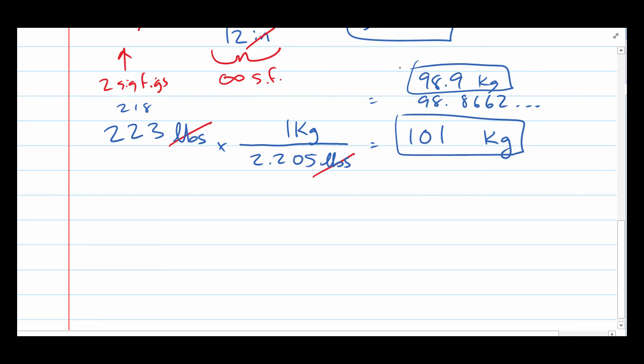And so, again, you want to consider significant figures because this measurement here has 3 significant figures. This conversion right here has 4 significant figures. The fewest of 3 and 4 is 3. And so we should round our answer off to 3 significant figures.